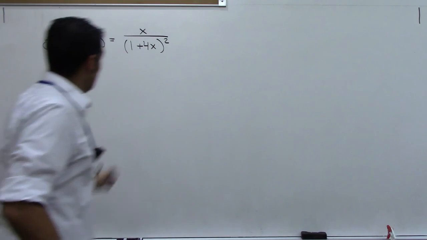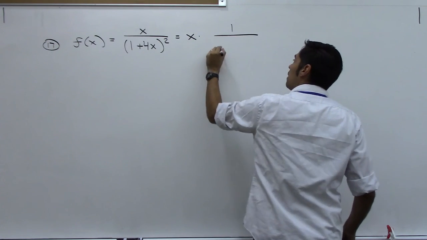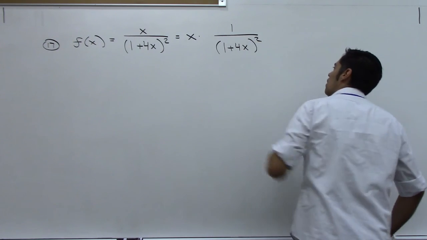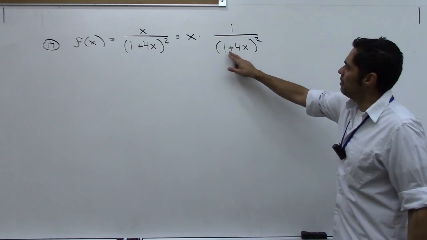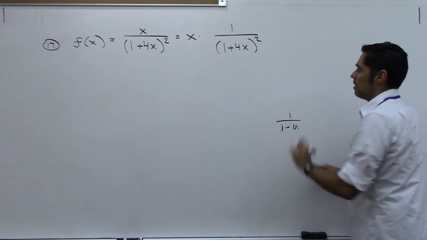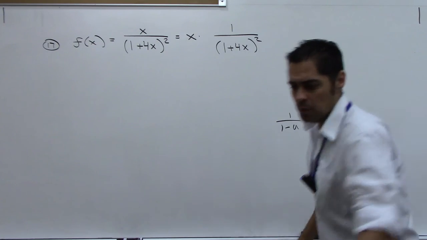So if I take that x on the outside and rewrite this like this, I know that I can somehow get this right here to be something like 1 over 1 minus u, because I can look at that as being 1 minus negative 4x. But the squared causes a problem.